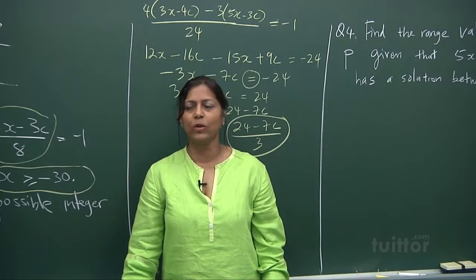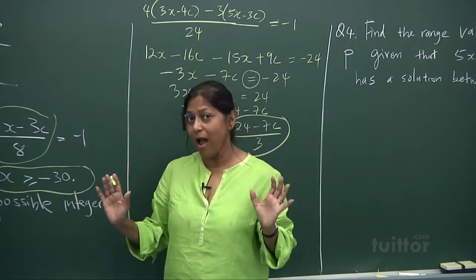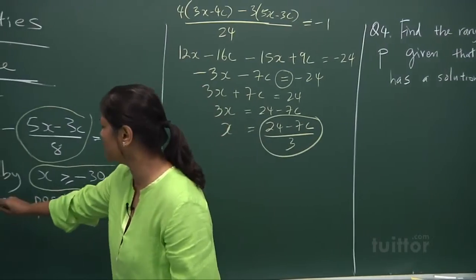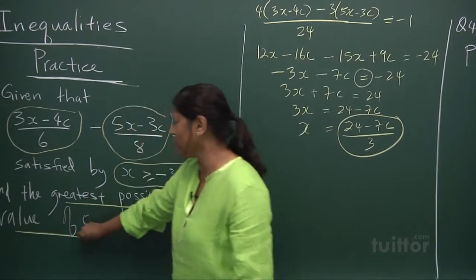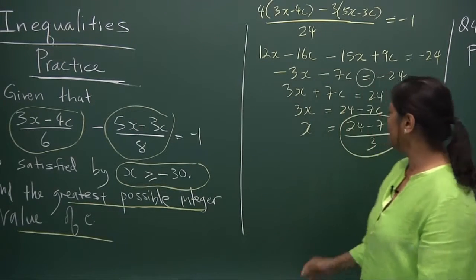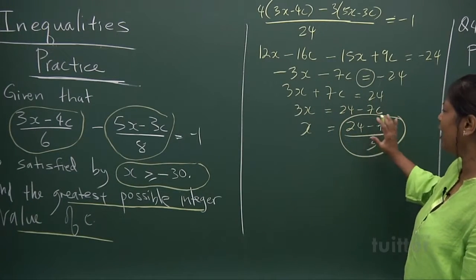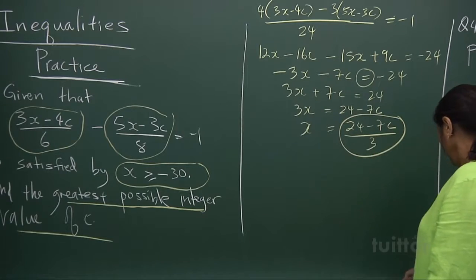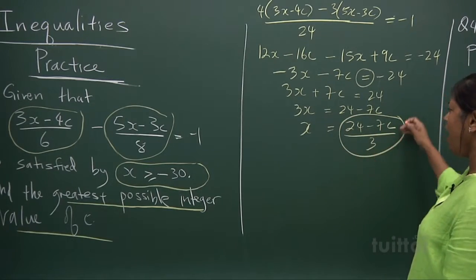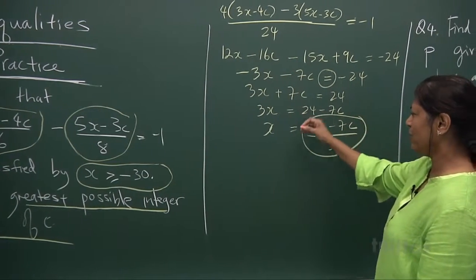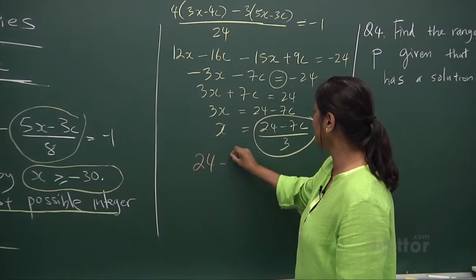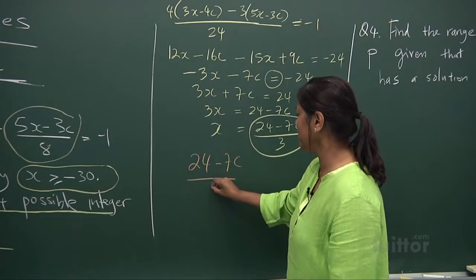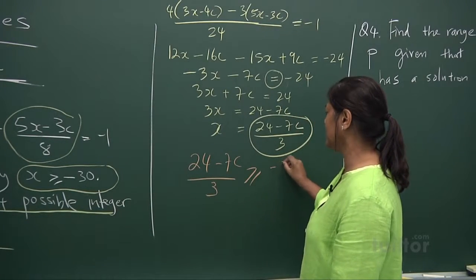That's the inequality you're given, and you want to find the greatest possible integer value of c. Take note of that. So that's when the c comes about. Put that here, greater than or equal to minus 30.